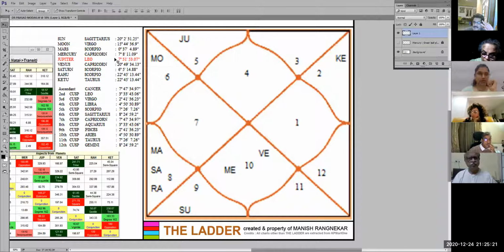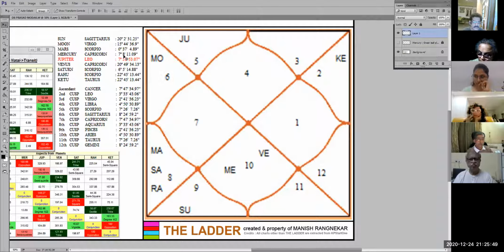So it has traveled 9 full Rashis. 9 full Rashis is equivalent to 9 threes are 27, 270. Plus it has gone ahead 8 degrees. So add 8 degrees. What is the compound degree of Mercury now? 278. Now just keep it aside.